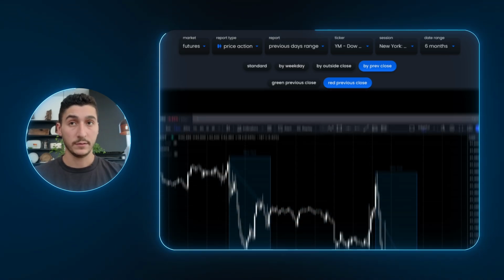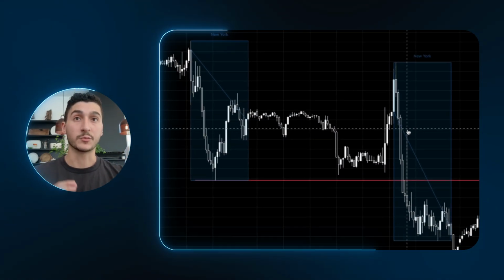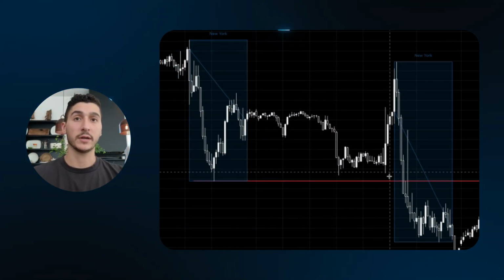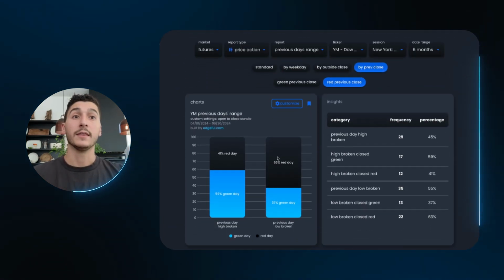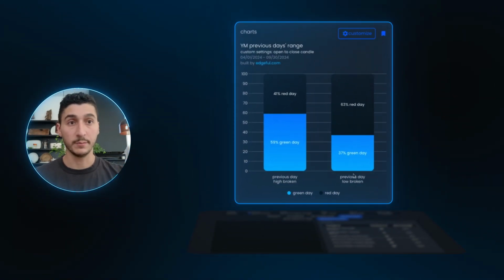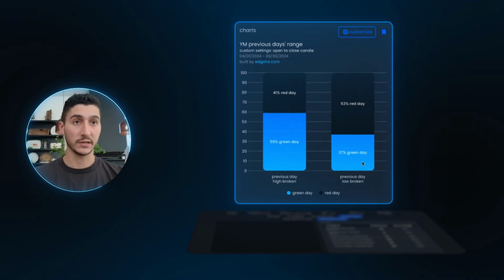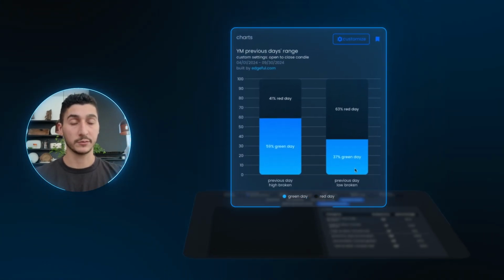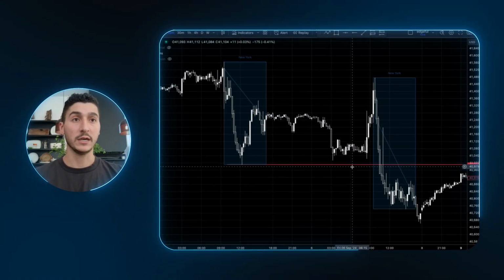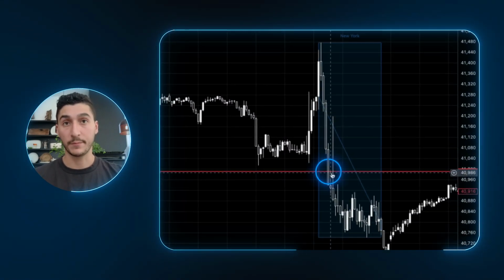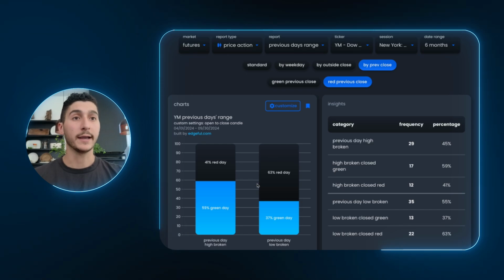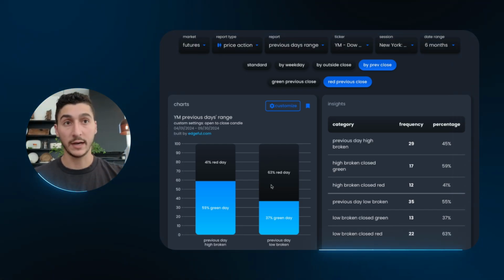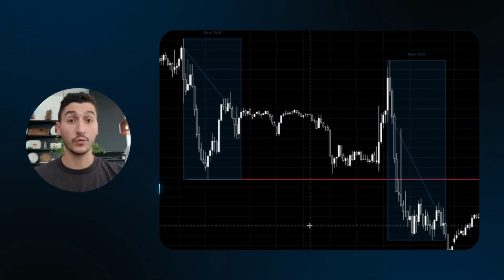Then you wait to see, is price breaking yesterday's high or is it breaking yesterday's low? That tells you which bar here to look at. So once you break previous day's low, I want to focus on this section here. I want to focus on this bar. And then you can see, now that I've seen that previous day's low is taken out, I can expect 63% of the time for today to close red.